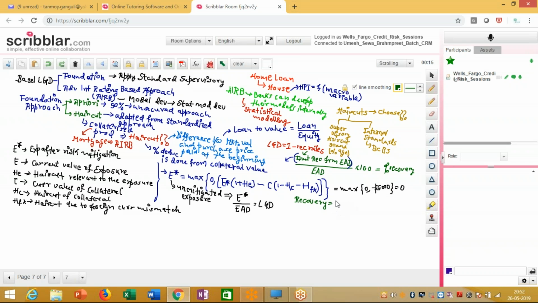So recovery is the EAD, that is the total exposure at default, right? Now to this, I will add the net recovery. So from this, I will recover some amount, right? And to this I will add some value. So what will I add? I will add the net present value for recovery costs.